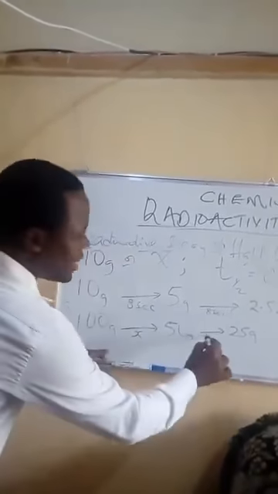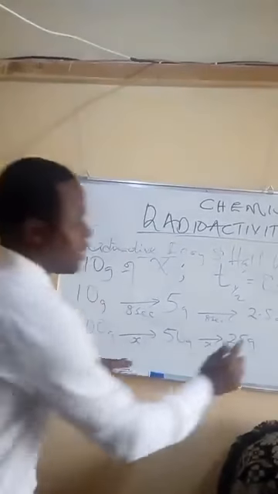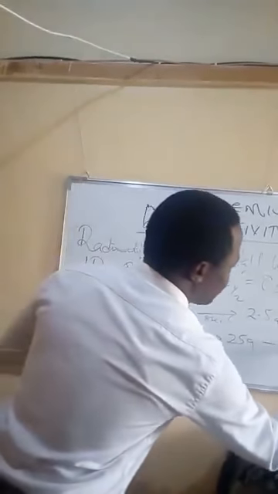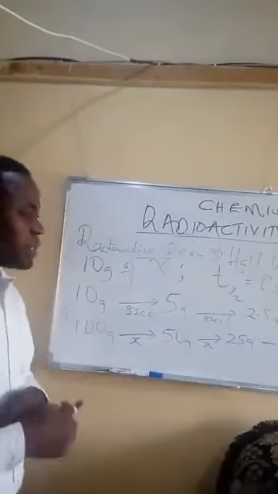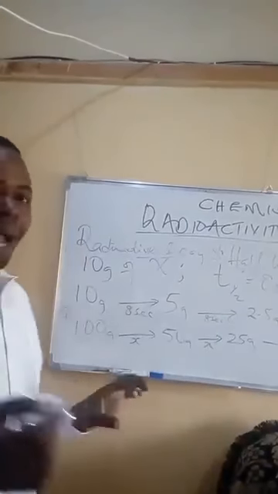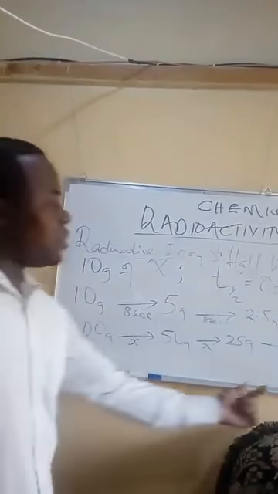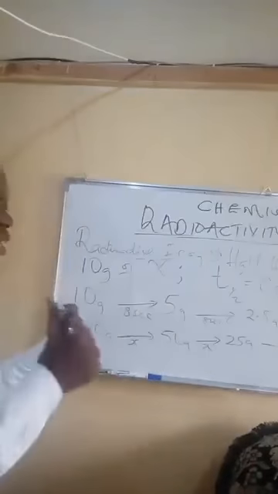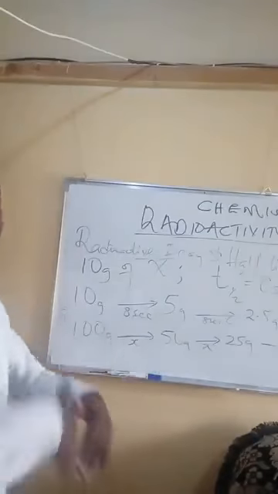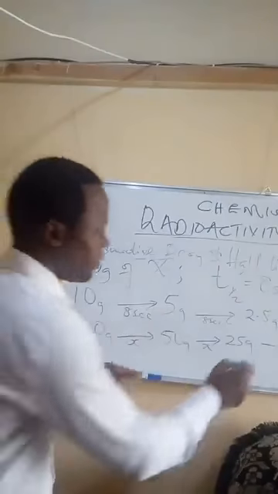After another X days, we have 12.5 grams. Now the question is, if it took 100 days for 100 grams of Q to become 12.5 grams, so that all the other atoms had decayed to form other things, what is the half-life?